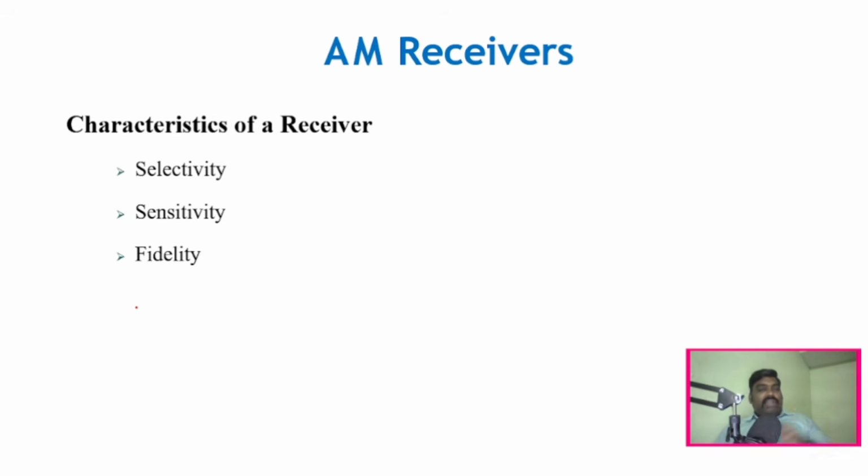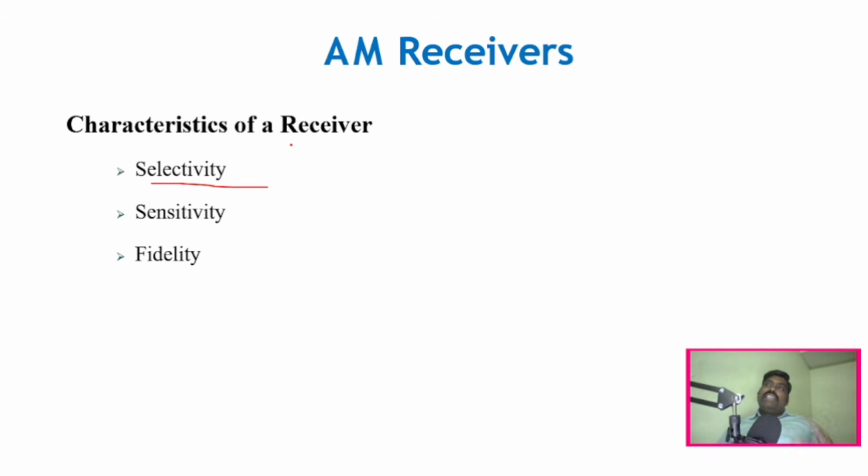So what is selectivity? Selectivity is very important. As I said, it will select a particular desired carrier frequency. Selectivity is the ability of the receiver to select the correct desired frequency component. Even though it receives many carrier components, it will select only the desired carrier component and reject all other signals.